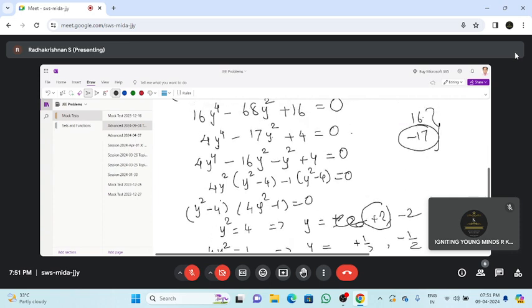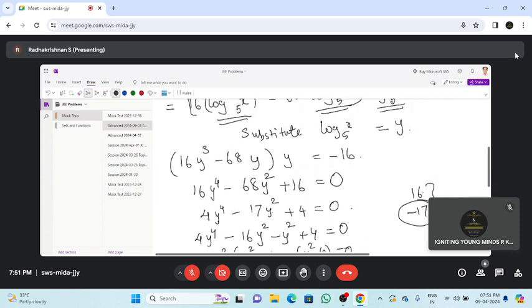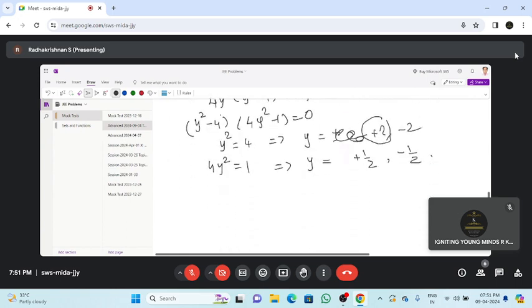But what we substituted is y equal to log x to the base 5. So we can write log x to the base 5 is equal to 2 or minus 2 or half or minus half. Then x equal to what four values?